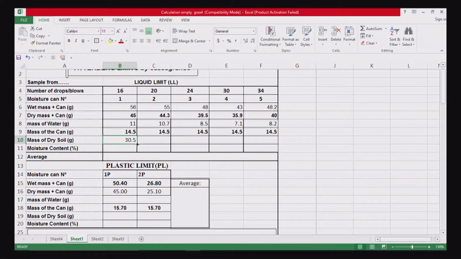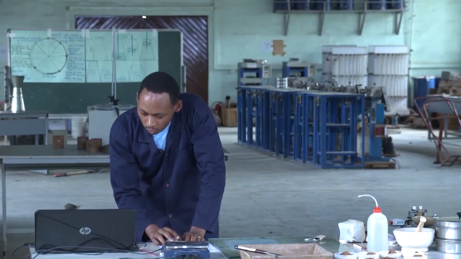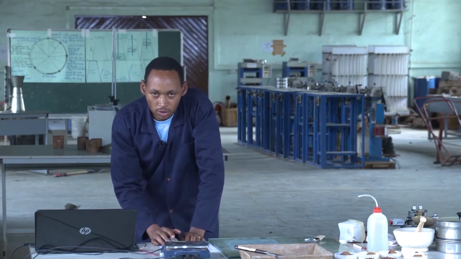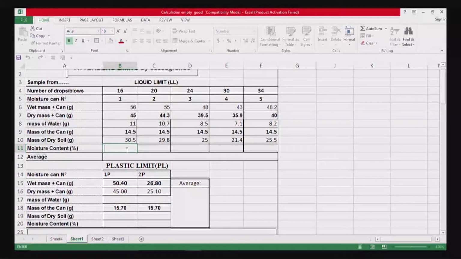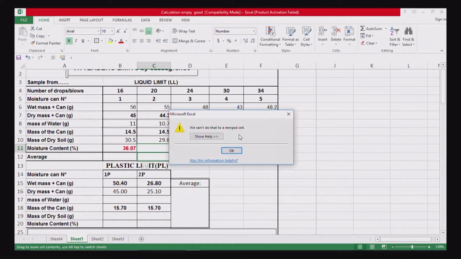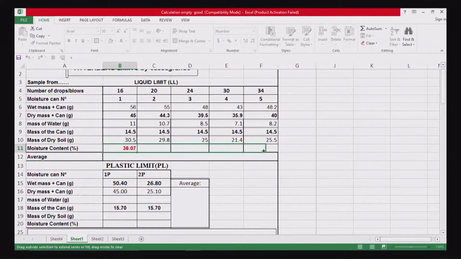The formula is the same. Then we calculate the moisture content, which equals mass of water divided by mass of dry soil times 100. The formula is the same for all.